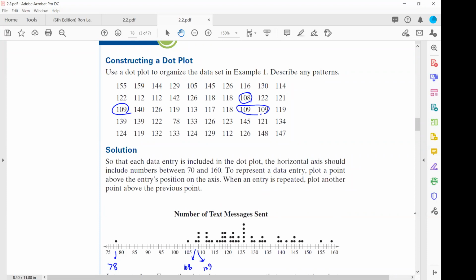You continue the process using dots to represent each number in your collection. You can then connect these dots and see the shape of your graph. This method is called using a dot plot to represent the data.